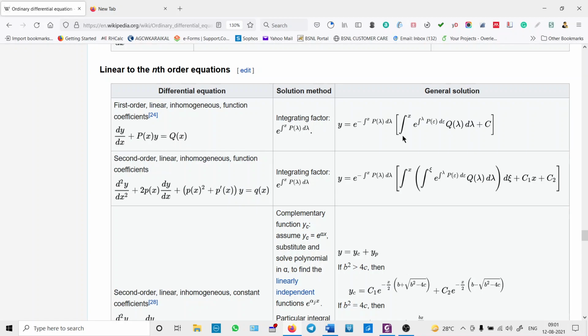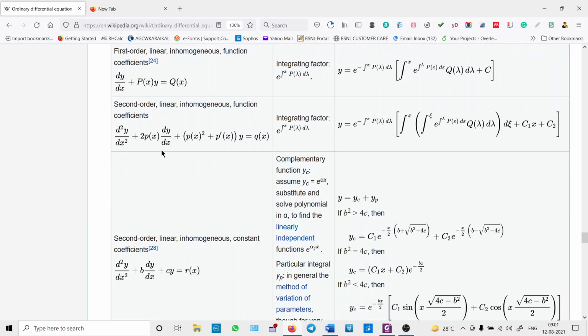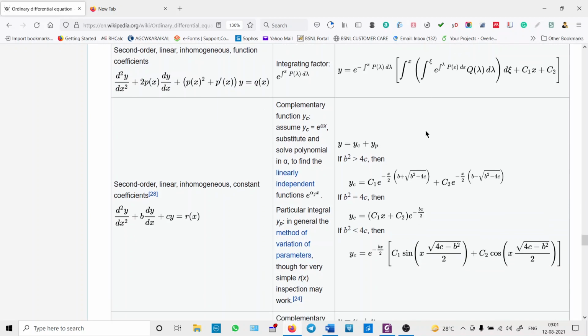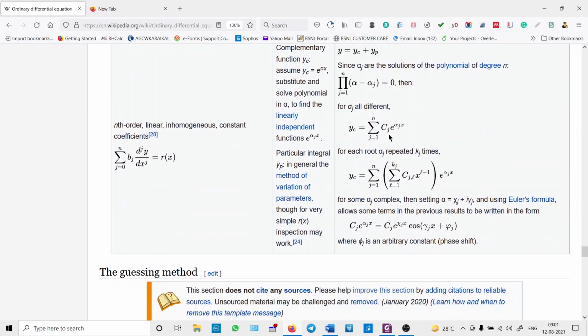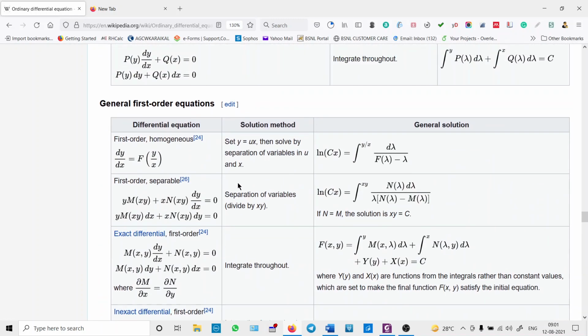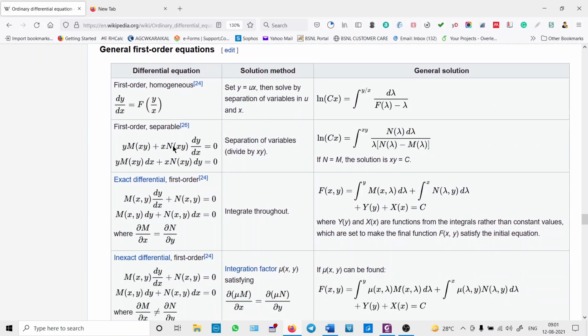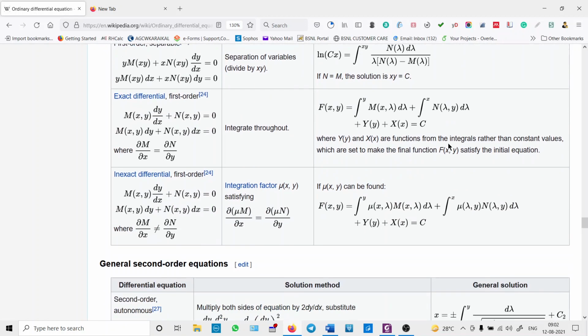So this is the general solution. If it is a second order linear inhomogeneous or non-homogeneous equation, like this differential equation, what is the integrating factor and the corresponding solution? They have given it like a tabular column. So students can refer to this one. And these are the general first order linear equations and the general solutions.